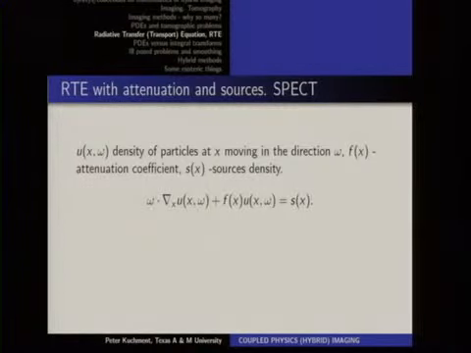Due to them getting absorbed, and we accounted already here by attenuation, and they can also be produced. Now this is also an ODE. It pretends to be a PDE, but it's still an ODE along this line. You can solve it. Unlike in Beer's law, it's an inhomogeneous ODE. First order inhomogeneous ODE, you solve it, and you get the formula.